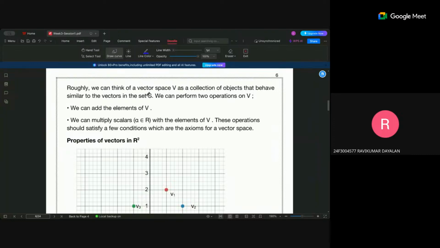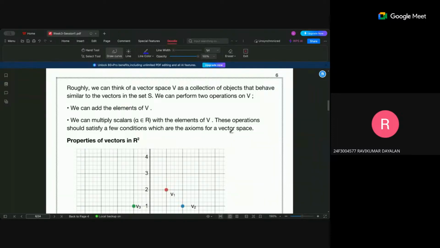So how should it behave? It should be closed under addition. It should be closed under scalar multiplication. First of all, we should be able to perform two operations, which are vector addition, where we can add elements, and scalar multiplication, where we multiply scalars to the elements of V. These operations should satisfy a few conditions, which we call the axioms for a vector space.